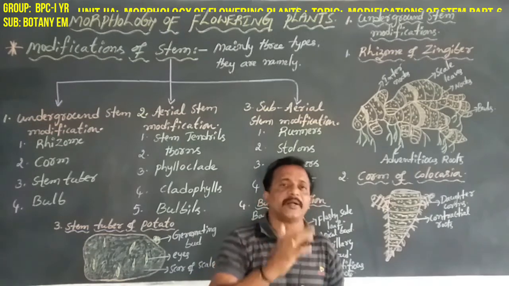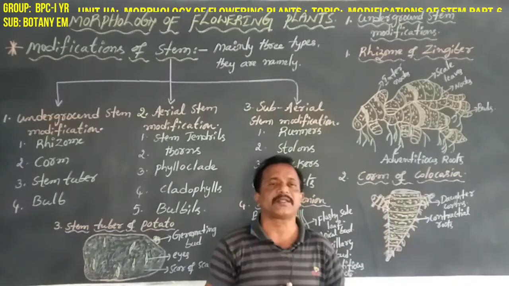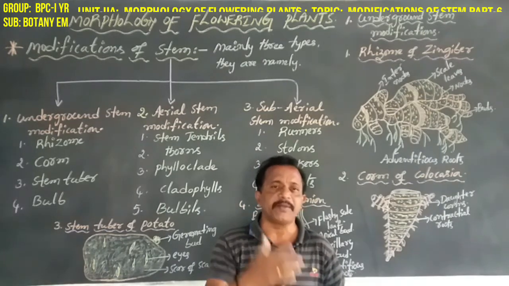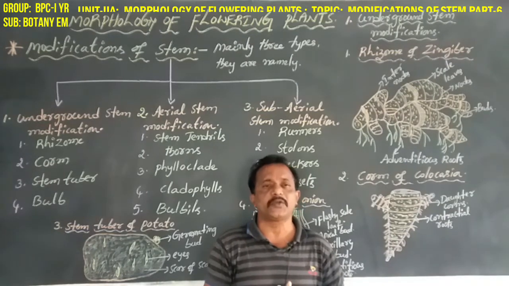It bears branches, leaves, buds, flowers and fruits. At the same time, the stem contains nodes and internodes.